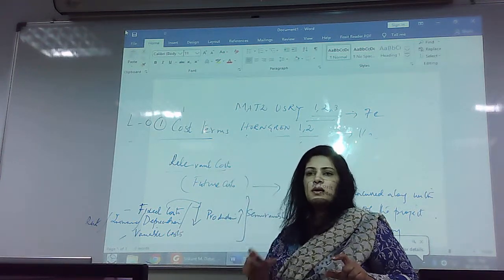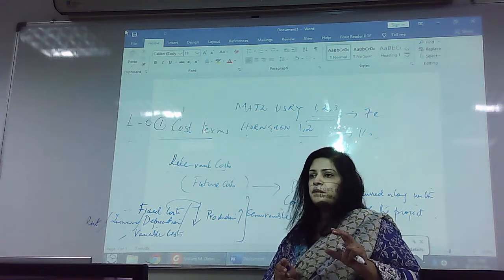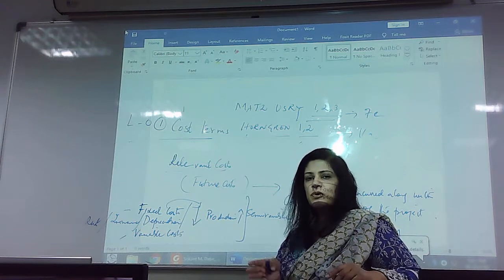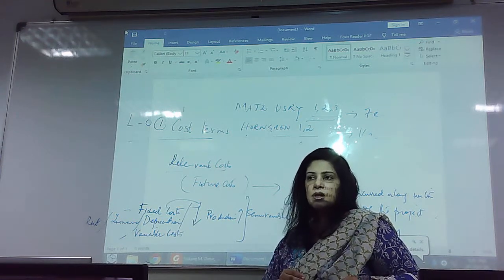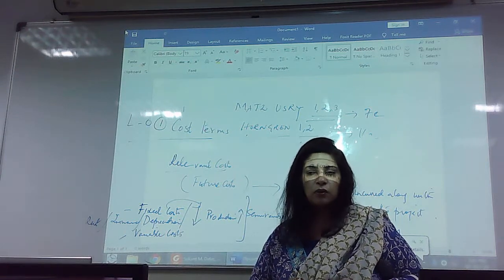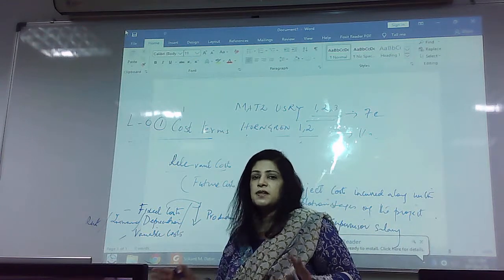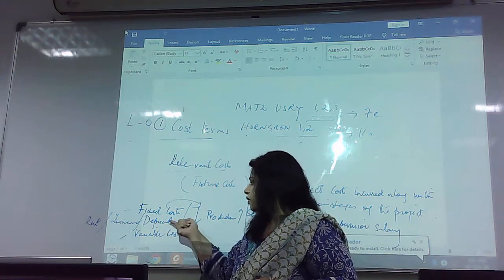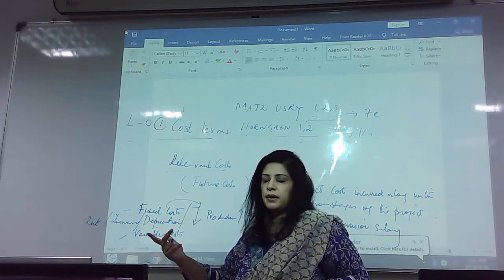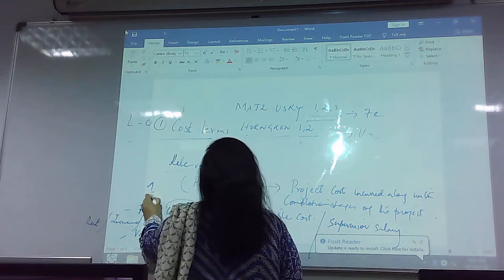Fixed costs are costs that don't change. Whether you produce something or you don't produce something, they will still be incurred. So they are independent of whether you produce something or not. So for instance, you have to open the plant and run the facility. So now, naturally the plant depreciates with time. Whether the productivity is low or high, these costs would be, let's say, depreciation per annum is $10,000.